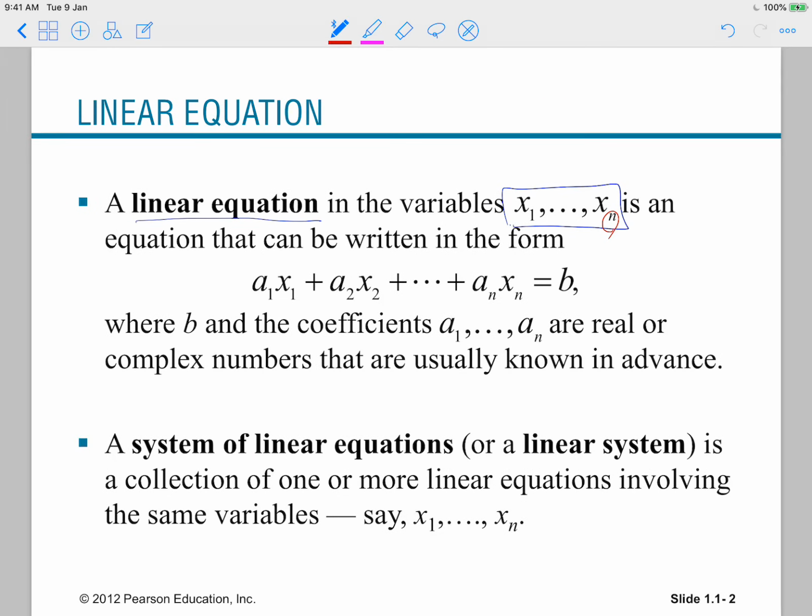This is the form that a linear equation has to satisfy. We have those variables, and for each variable we have a corresponding coefficient, a constant. These are given numbers that are known. We also have another constant on the right hand side.